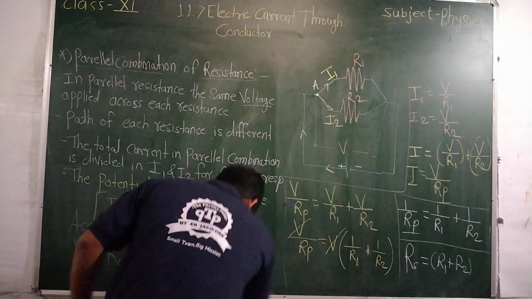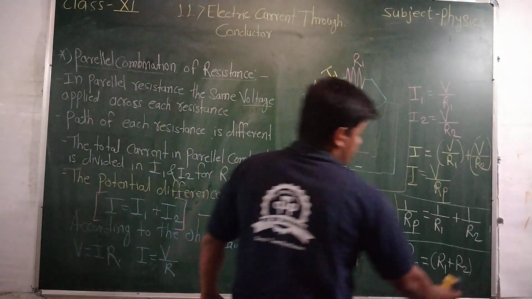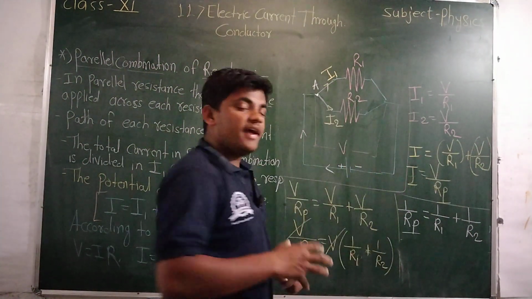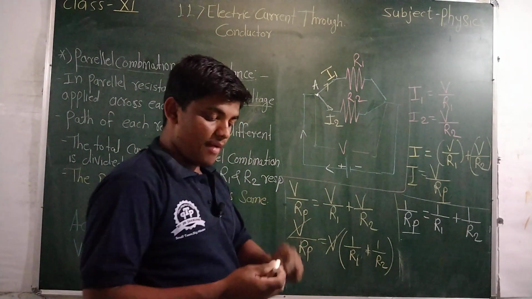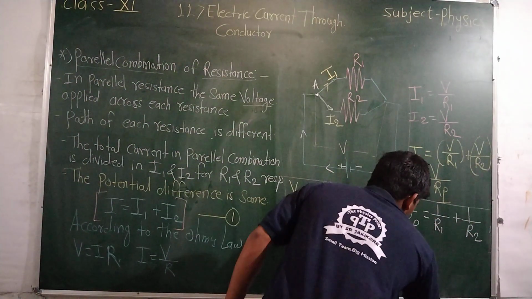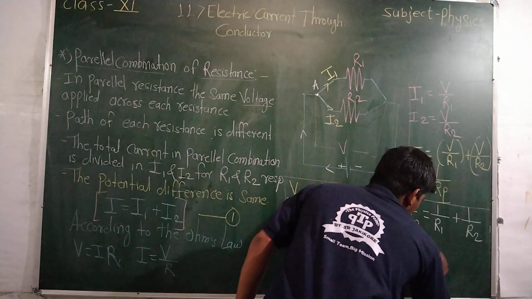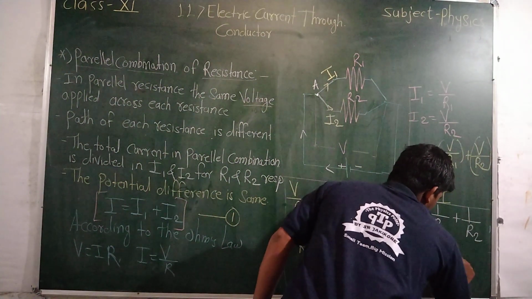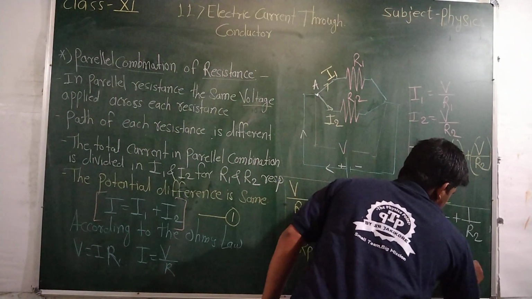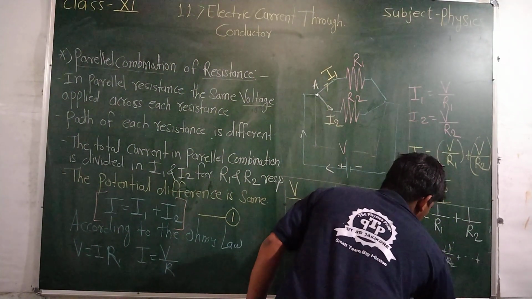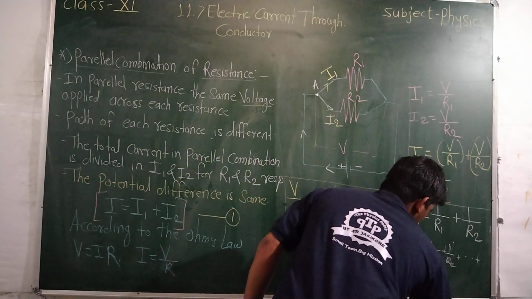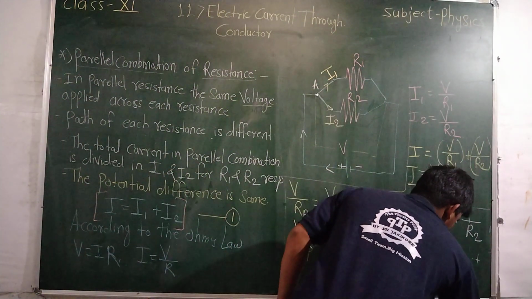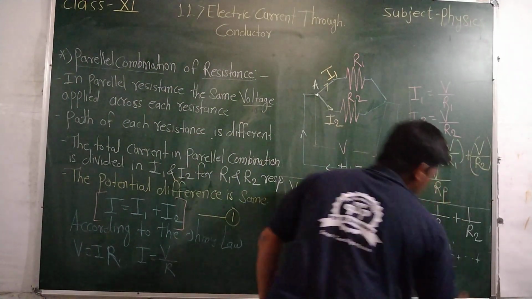But when we take n number of resistances in a parallel form, then 1 upon Rp is equal to 1 upon R1 plus 1 upon R2 plus, using summation, i goes from 1 to n, 1 upon Ri.